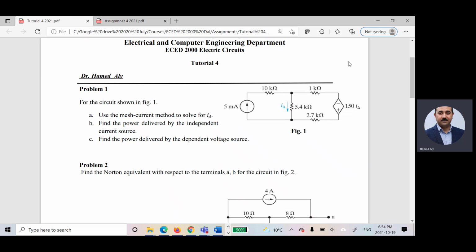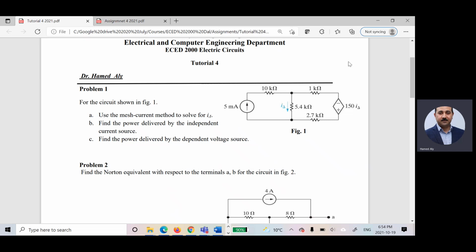What about the current divider? No, the current divider is not a method. It is an identity. I'm using it for simplifying one or two steps, right? What about the voltage divider? It is an identity also. I'm using it for simplifying one or two steps for the problem. What about source transformation or source conversion? If you see source conversion is easier for solving the problem, okay, you can use it.